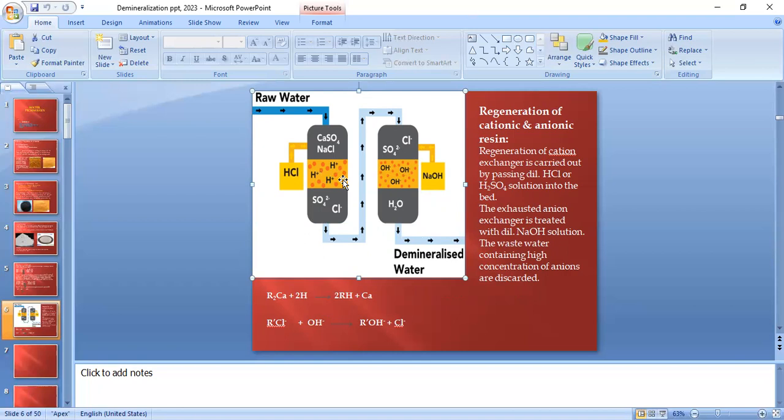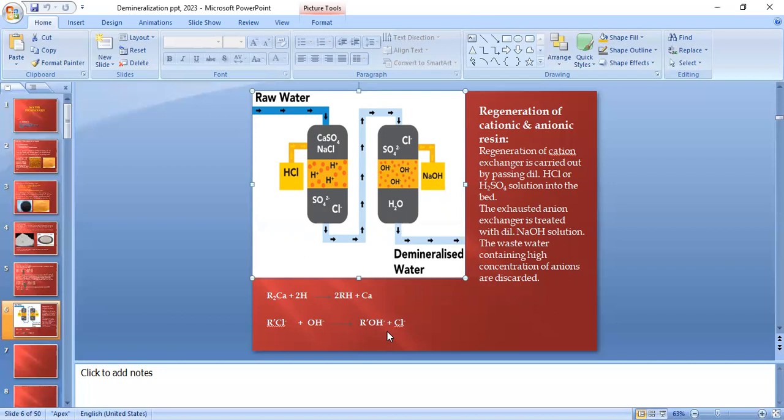Usually, the spent cation exchange resins are regenerated by washing them with dilute acids, where you get back the free RH in the resin. Similarly, the anion exchange resins are regenerated by rinsing them with alkali so that you are getting back the OH minus ions in the resin. Thus, both the resins are regenerated.